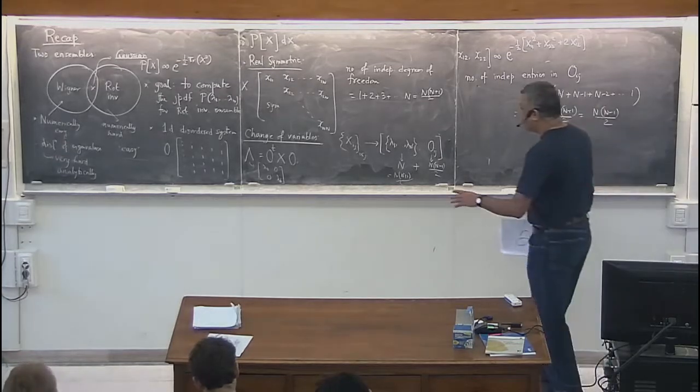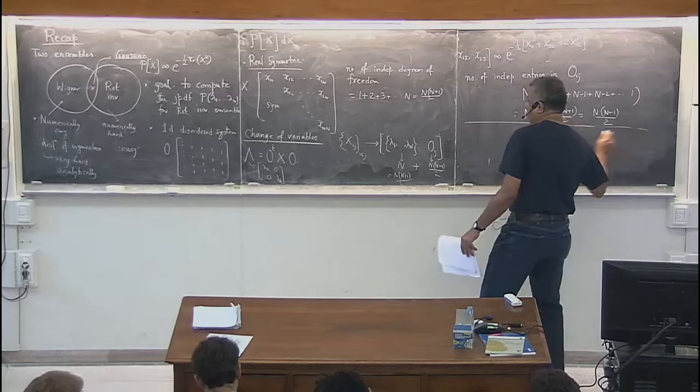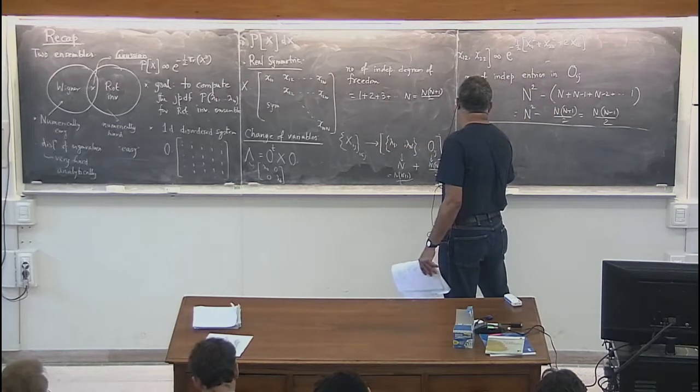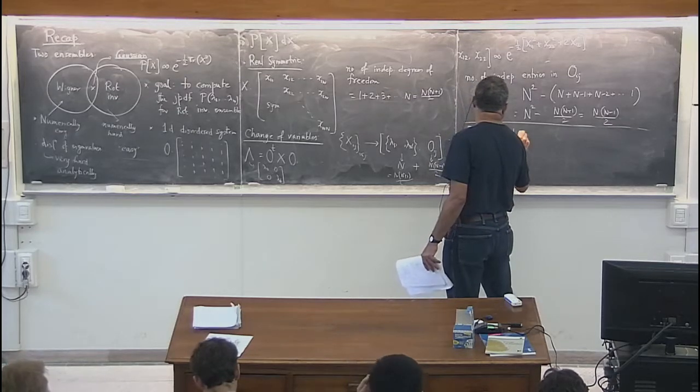Generally speaking, you have this P of x_ij times the product of dx_ij for i less than or equal to j.